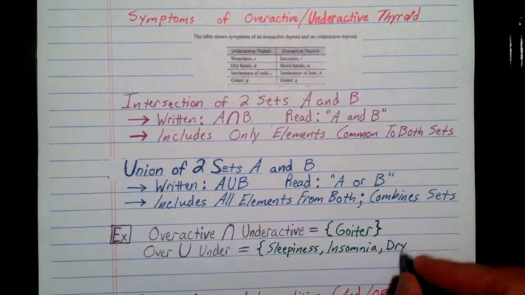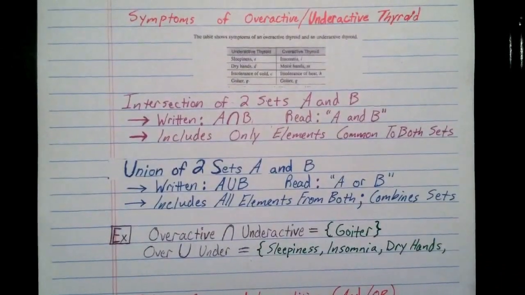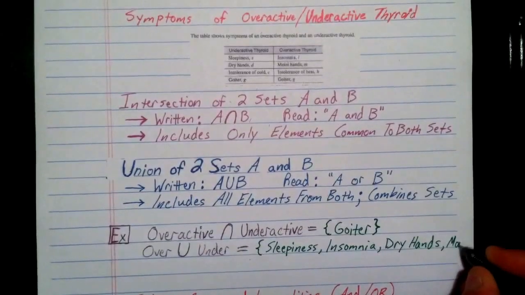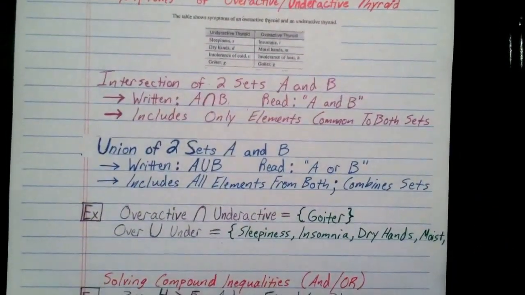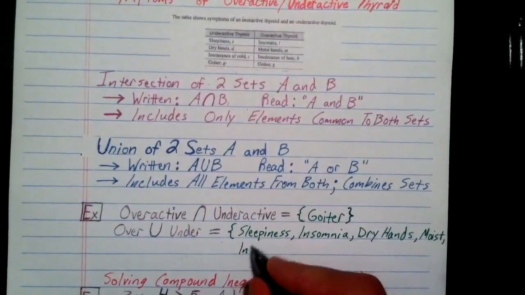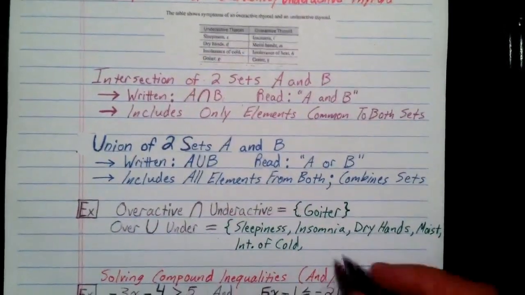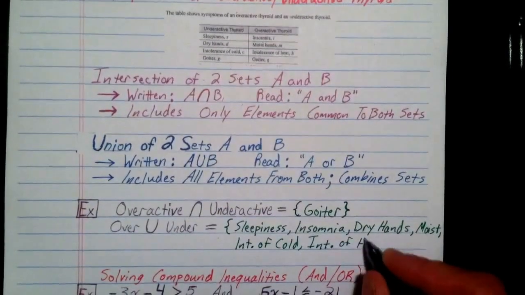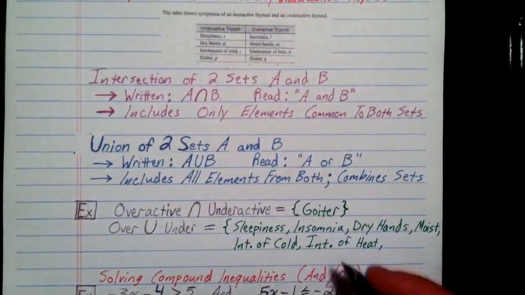Underactive had dry hands as a symptom. Overactive had the opposite, moist hands. I'm going to write moist for short there. Intolerance of cold and intolerance of heat. So we have to list both of those. And then the only other thing was goiter.